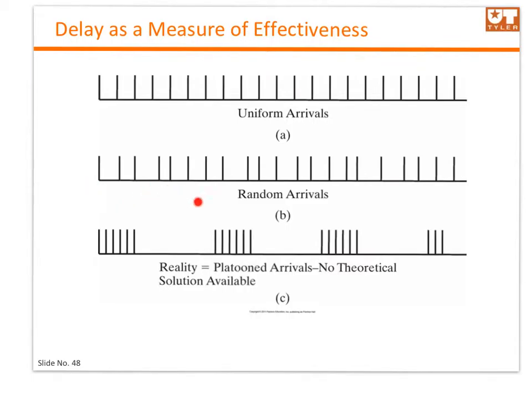We may have a more realistic case with random arrivals, where I may need multiple green intervals to serve all the cars waiting. And in some real cases with platooned arrivals, there is no theoretical solution available, where overflow occurs at this intersection because lots of vehicles come all of a sudden, and now we have what we call overflow delay.